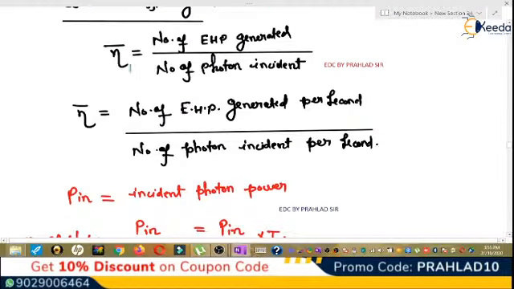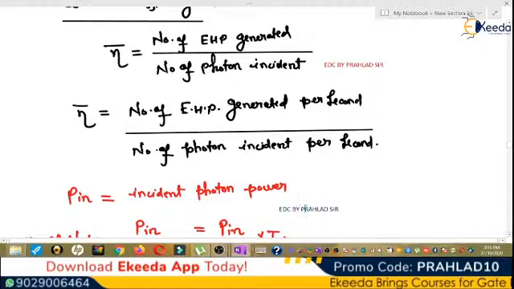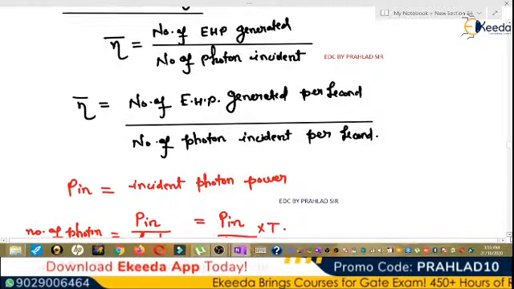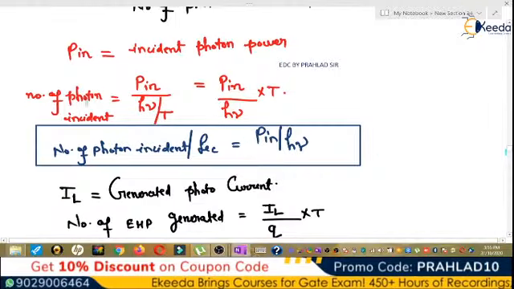Now we talk about quantum efficiency. Quantum efficiency is the number of electron-hole pairs generated divided by the number of photons incident, or we can say the number of electron-hole pairs generated per second divided by the number of photons incident per second. Pin is the incident photon power. So the number of photons incident per second is Pin over h nu.